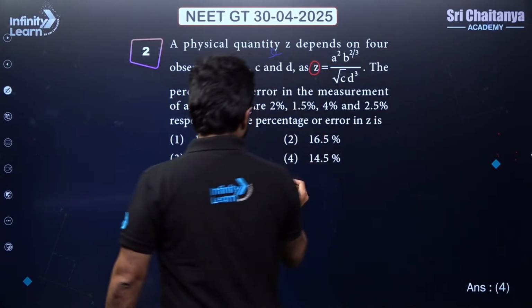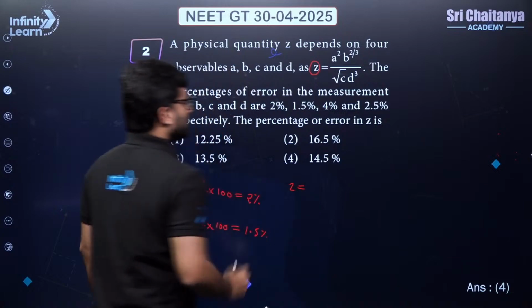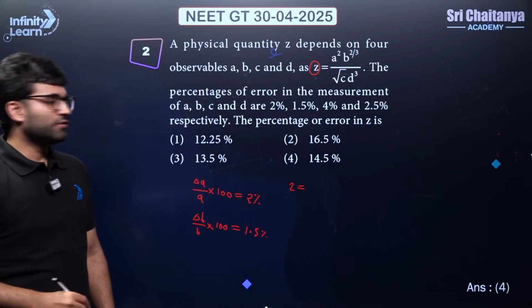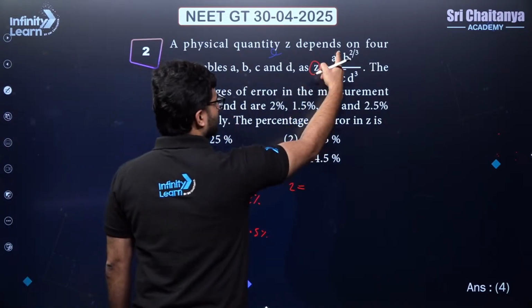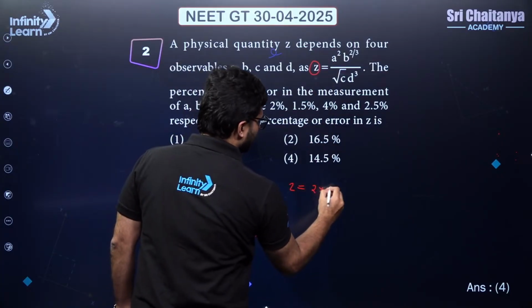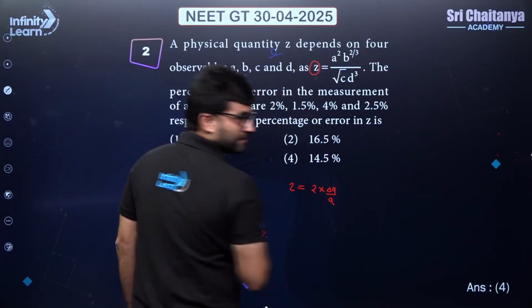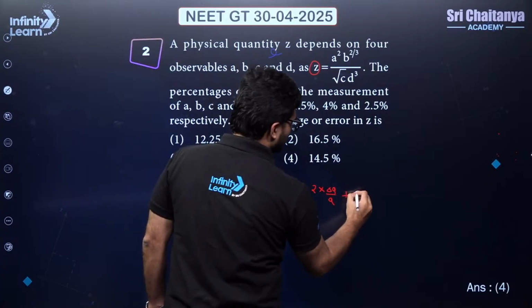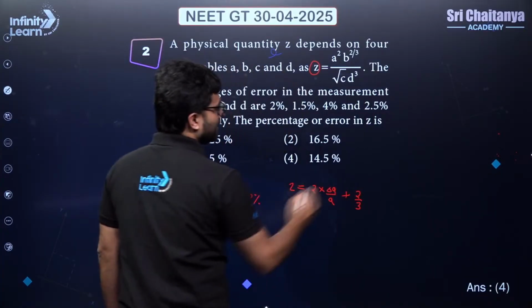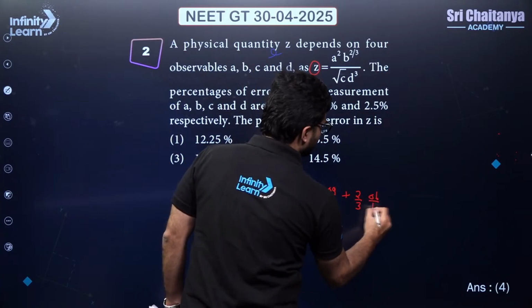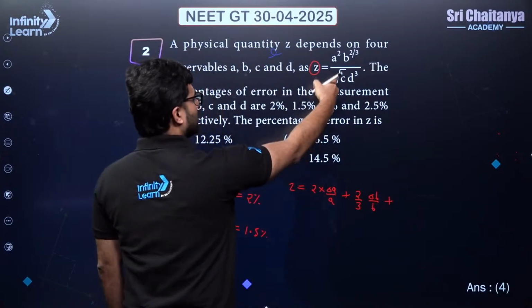So that is a standard that comes from taking log and then differentiating, right? I'll just write it here. So this power 2 multiplied by delta A upon A, correct? Plus the power of B, which is 2 by 3 delta B by B, plus C to the power half.